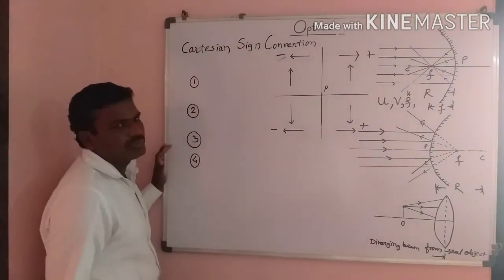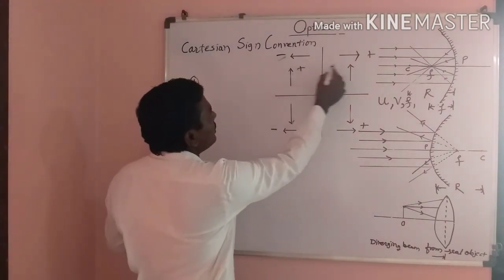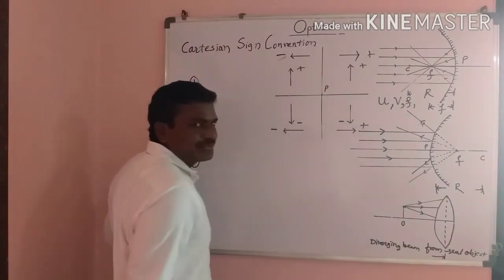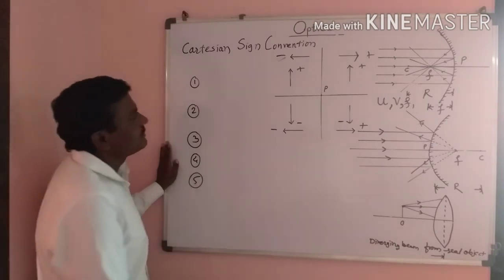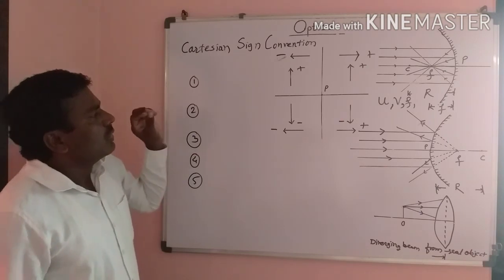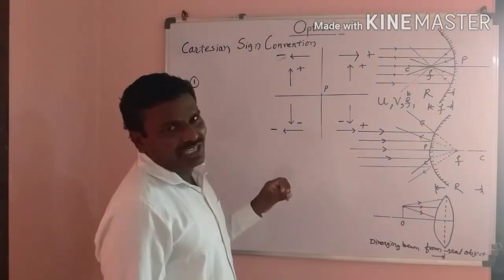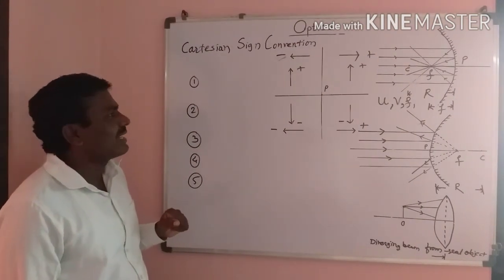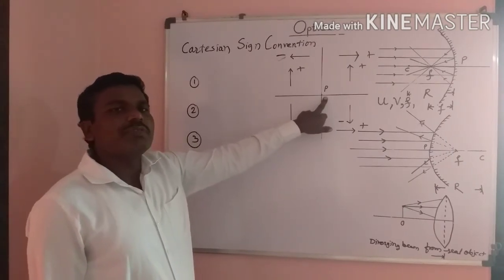The next rule, that is rule 4: the distance above the principal axis is always positive, and below the principal axis it is always negative. The 5th rule: the x-axis is chosen as the principal axis, which originates from the pole.